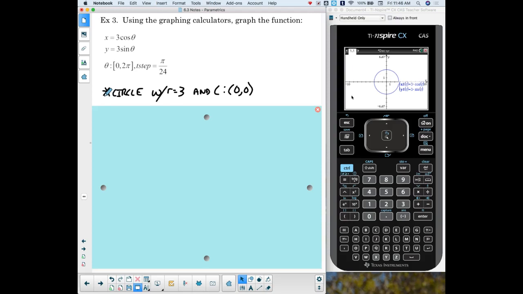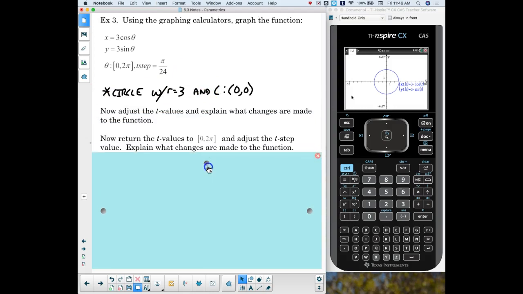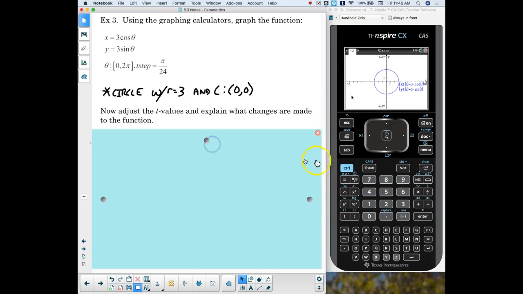Next thing I want to talk about is let's change our t values. Let's not go from 0 to 2 pi. Let's adjust those a little bit, and figure out what happens.